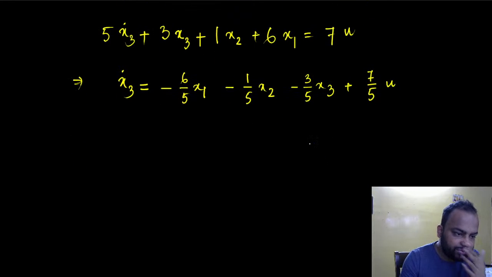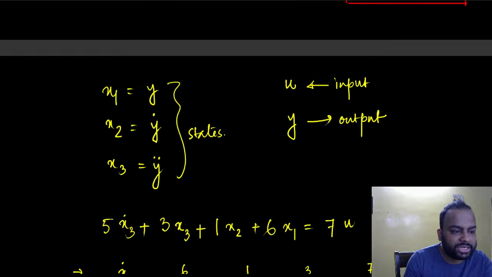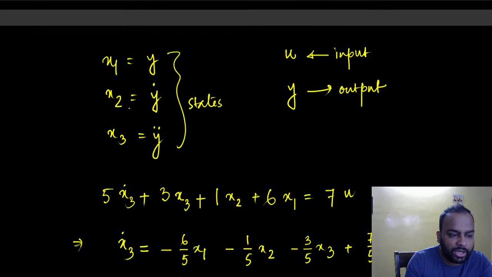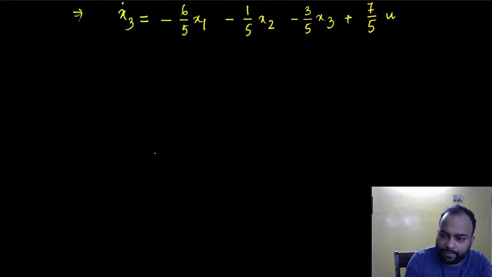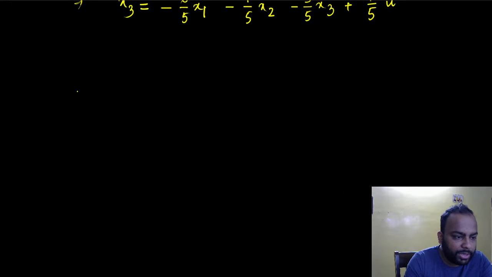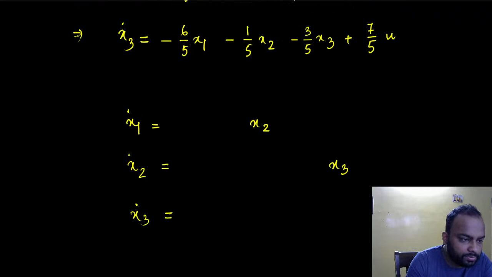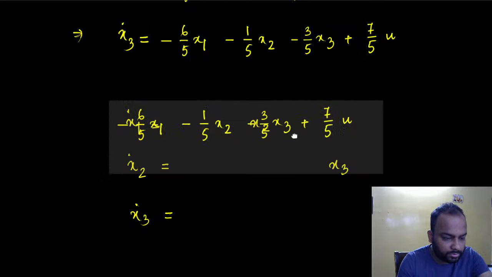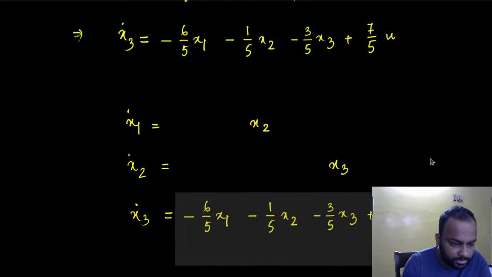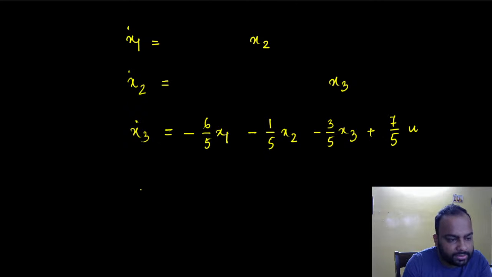Okay, that is one of the equations, and the other two equations are x1 dot equal to x2 and x2 dot equal to x3, right? So the equations really are x1 dot equal to x2, x2 dot equals x3, and x3 dot equals this. Of course, the output is nothing but y equal to x1.